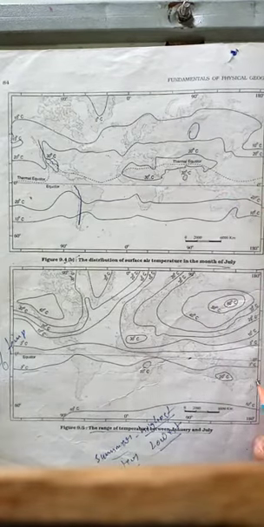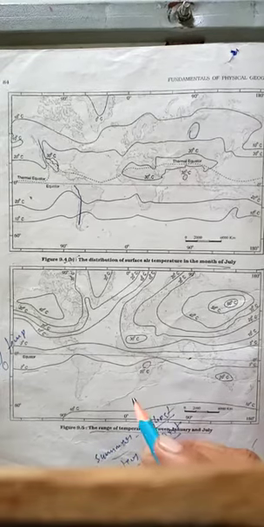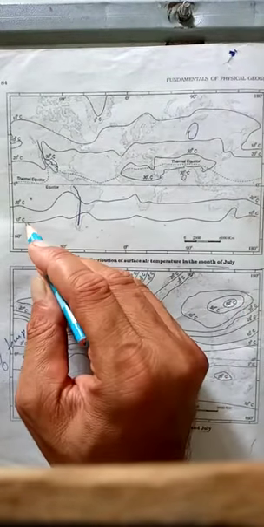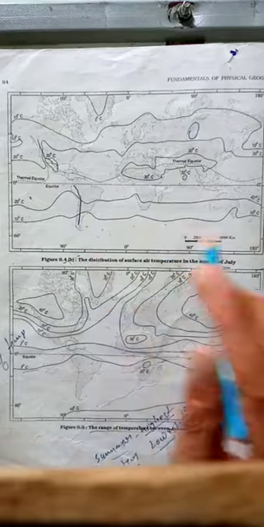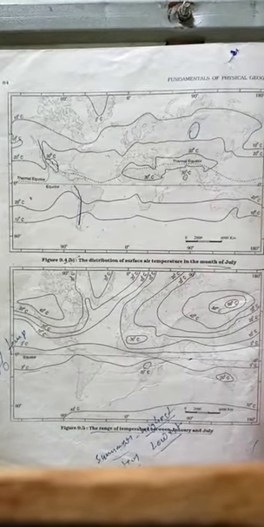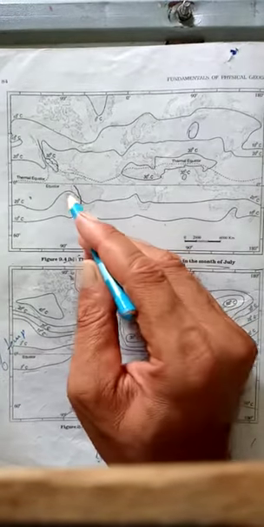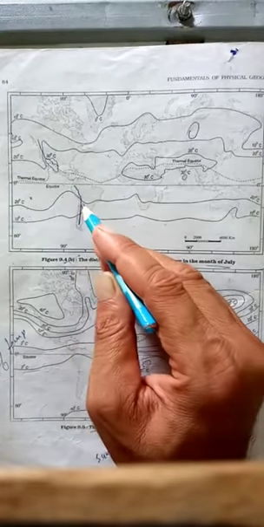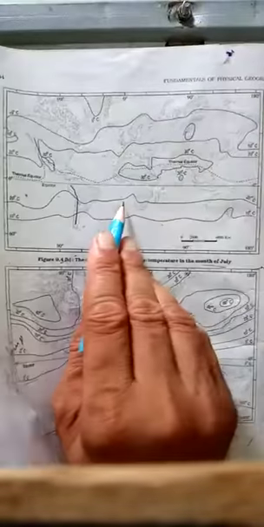This is zigzag. On the contrary, the isotherms in the southern hemisphere, the 10 degrees Celsius and 20 degrees Celsius, are almost straight and relatively more regular, except at a few places at the edge of the continental parts, over South America, Australia and Africa as well.